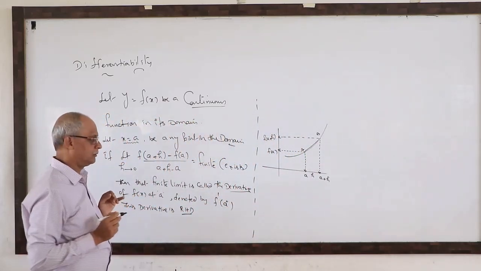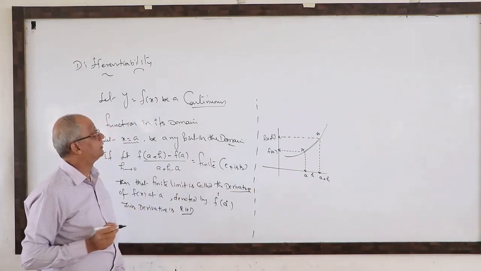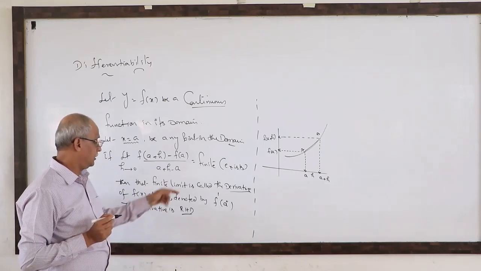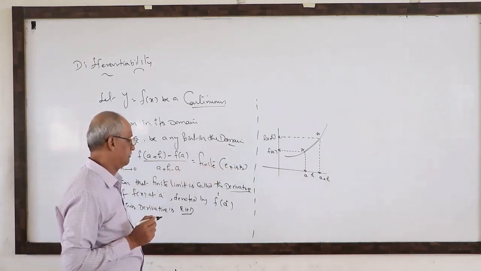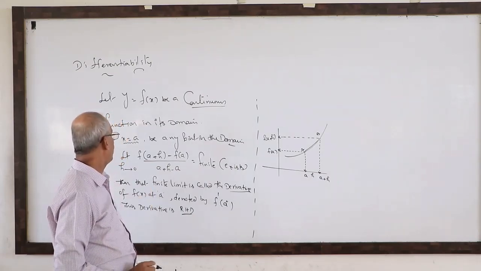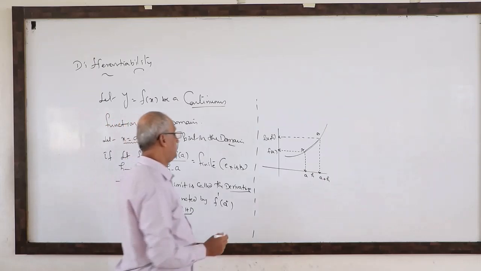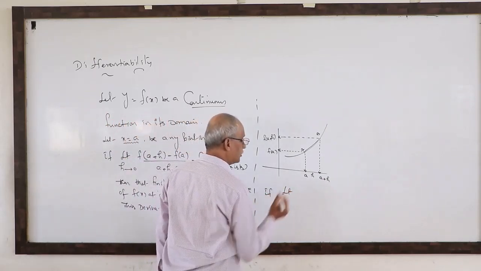Disappear in the sense that B coincides with A and it becomes a tangent. That process is called differentiability. At that A only, you see in the graph I gave only A. That process is called the right hand derivative. Next we are writing the limiting value.